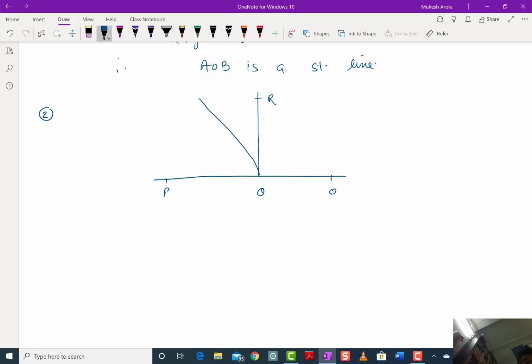This is S. Prove that angle ROS is equal to half of angle QOS minus POS.